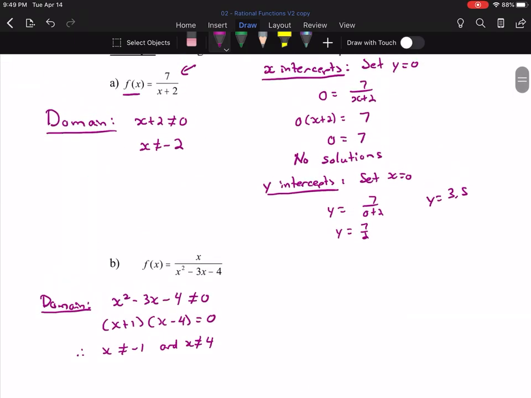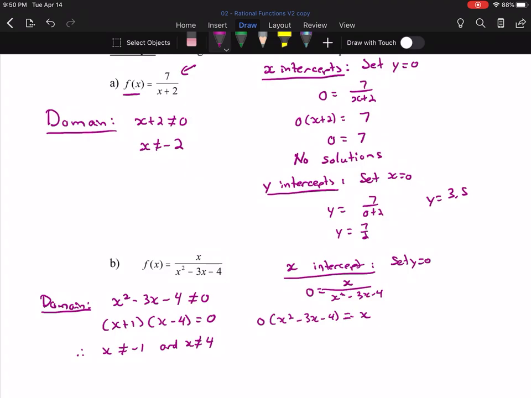Okay, what else was I supposed to do here? Oh, x-intercept. So for x-intercept, I set y equal to 0. So I go 0 equals x over x squared minus 3x minus 4. And this is going to happen every time with x-intercepts, is we're dividing by x squared minus 3x minus 4. Whatever that denominator is, it's going to come over and multiply by 0. And anything multiplied by 0 is 0.